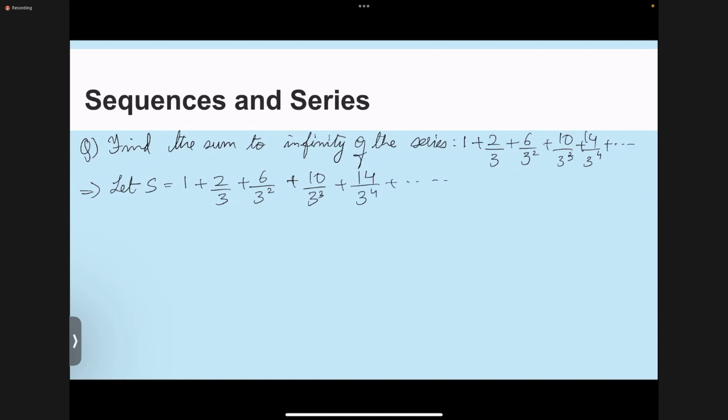So over here you can again notice that it's not clear what the common ratio is, what the relation is between the consecutive terms of the sequence. So what we can do is now take S by 3. Okay, so divide this entire equation 1 by 3.